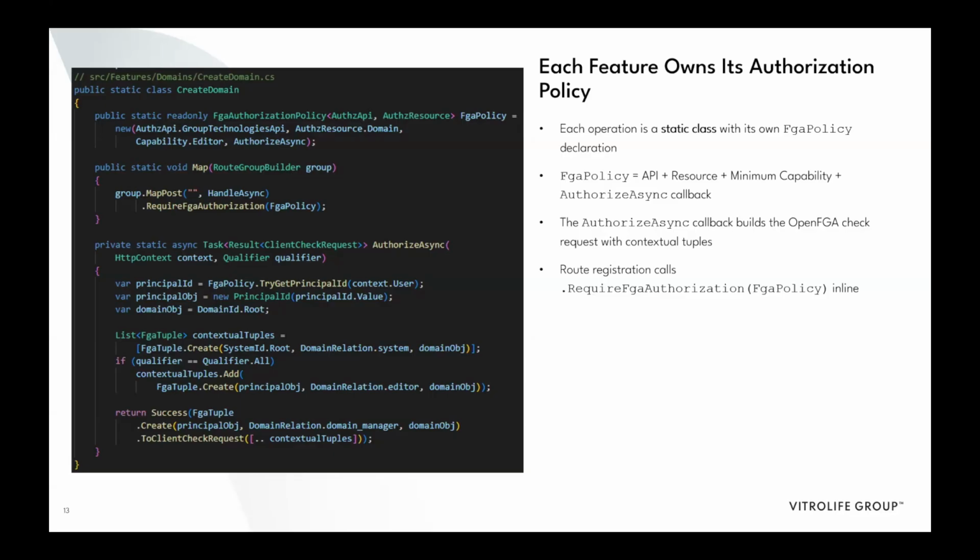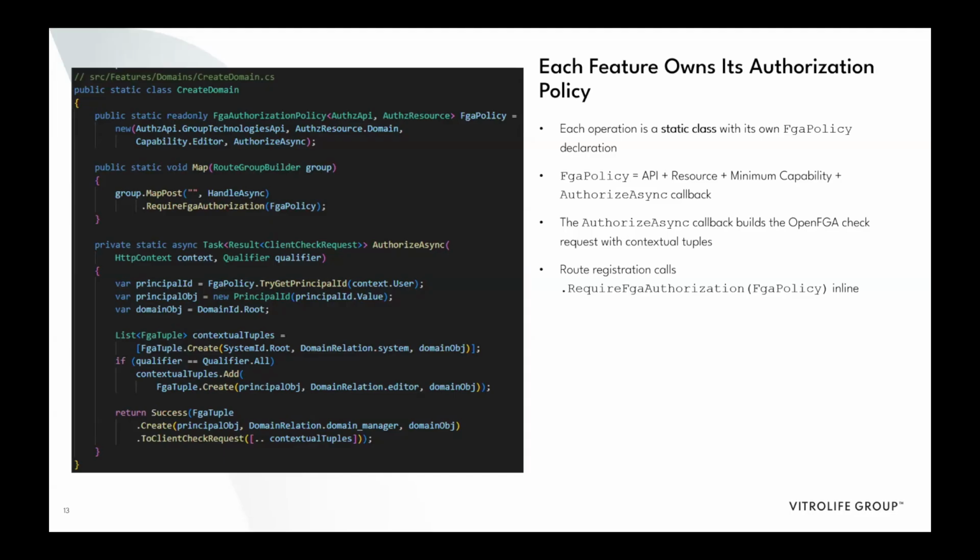So in our case, we create these features, and each feature has an FGA policy where we map the coarse-grained capability as a requirement on that endpoint. And then each endpoint also gets its authorized async.